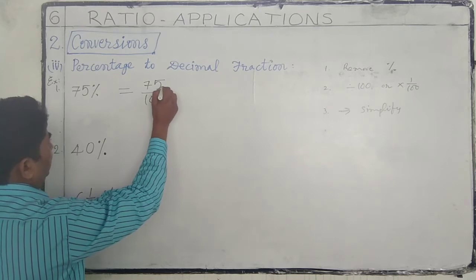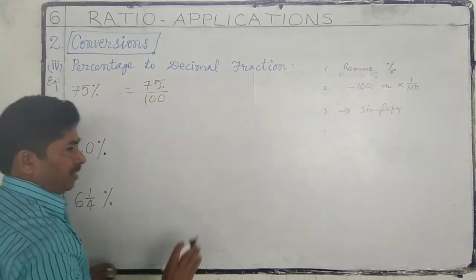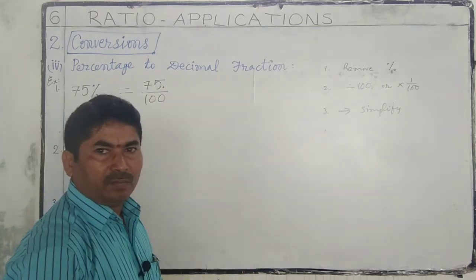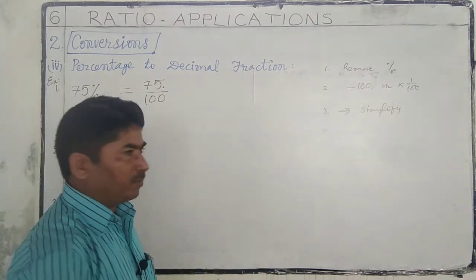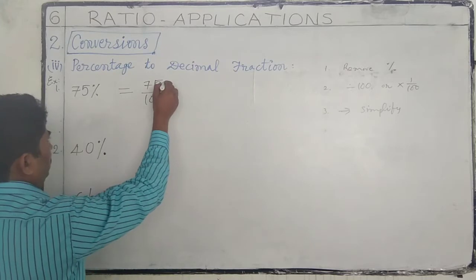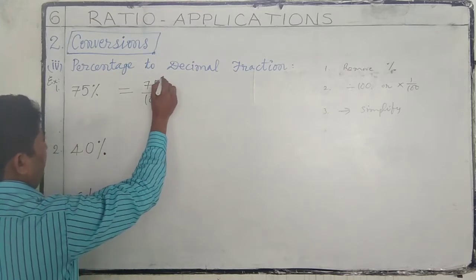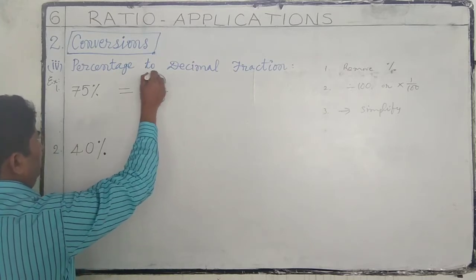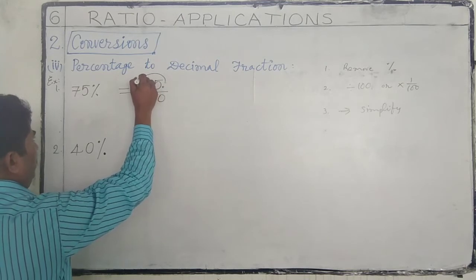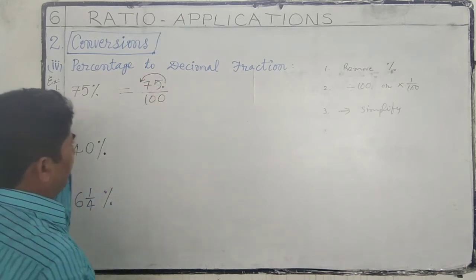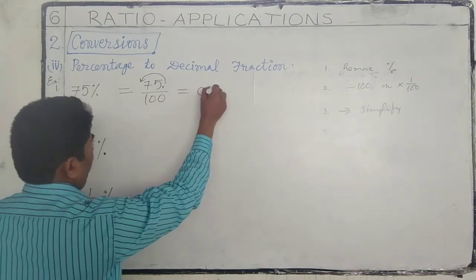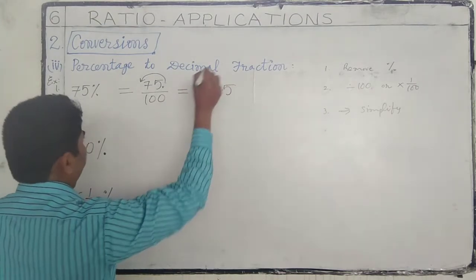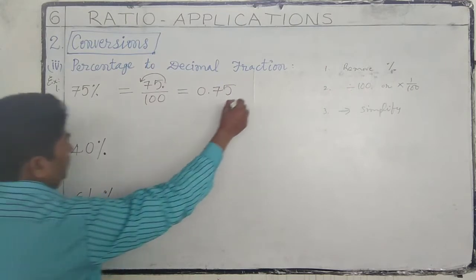A whole number has a decimal point at the extreme right place. So here we have the decimal point. Shift the decimal point to the left by 2 places. 0.75. This is the answer.